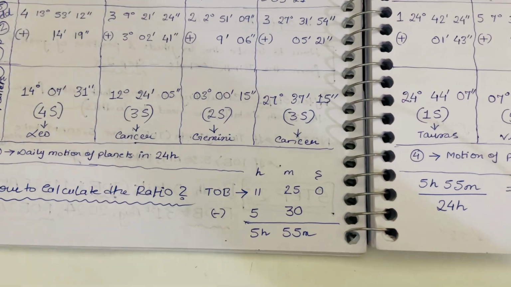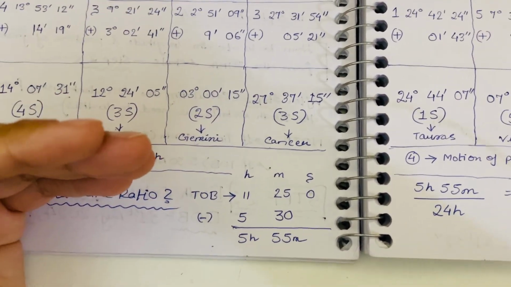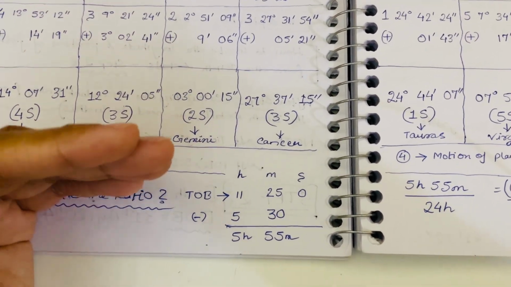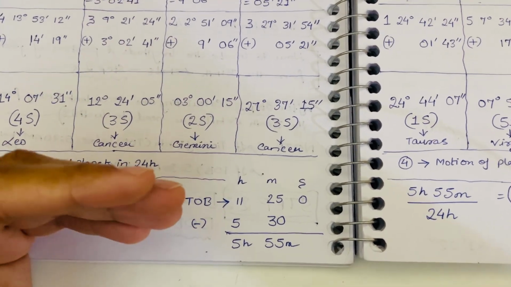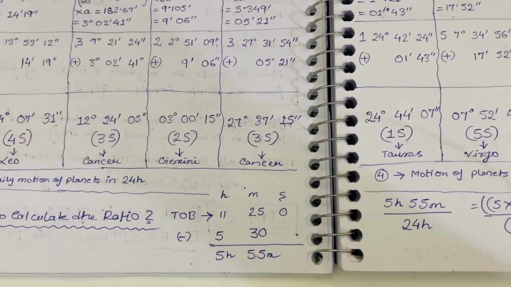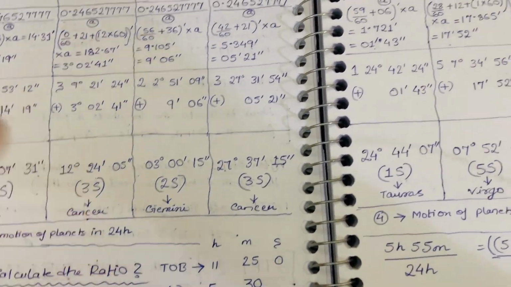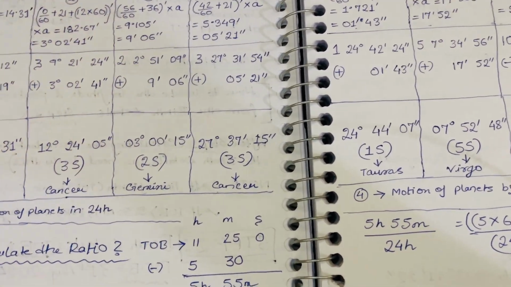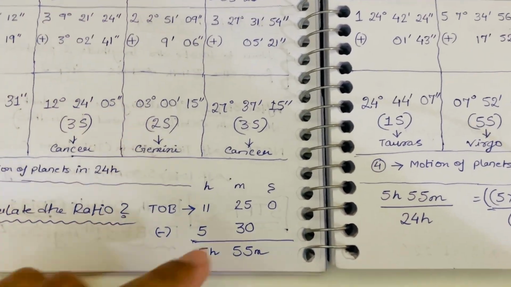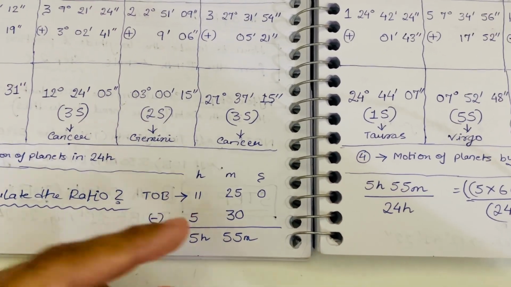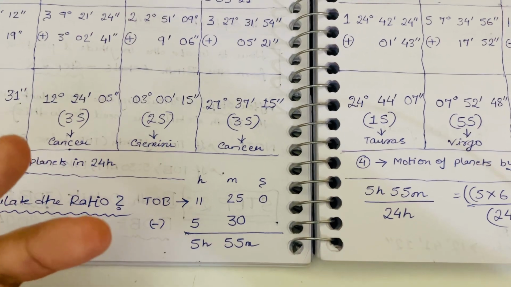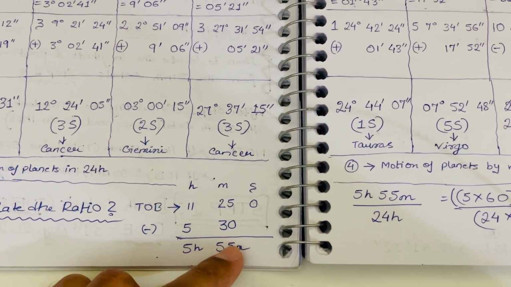Our time of birth is 11:25 a.m. and our ephemeris time is 5:30. So how much has the planet moved, or what is the daily motion? It is 11:25 minus 5:30, a simple subtraction. Our subtracted value will be 5 hours 55 minutes.